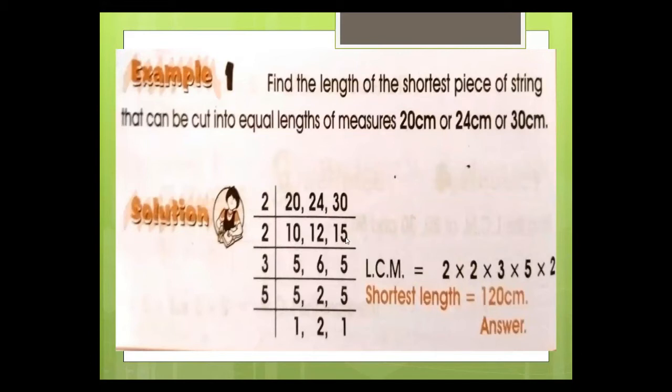Now here you see that in your book there is a mistake. Okay, students, the mistake is that they divide 15 by 2, but you know that 15 is not divisible by 2.